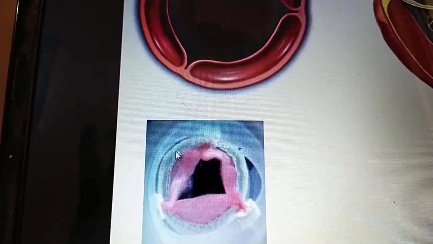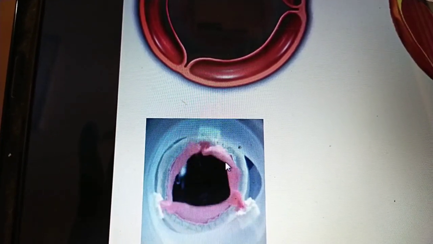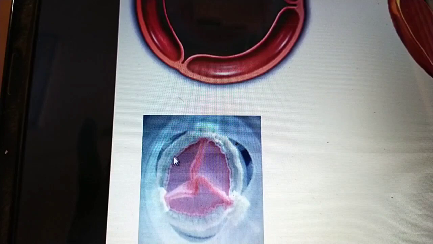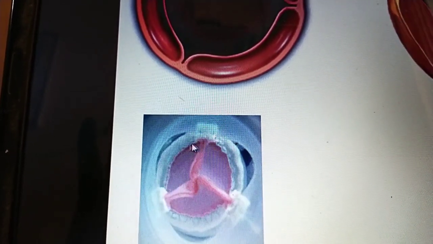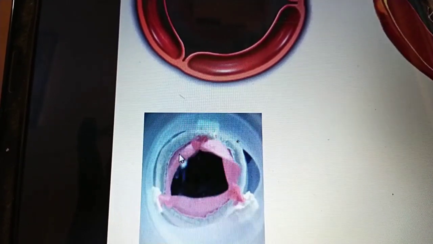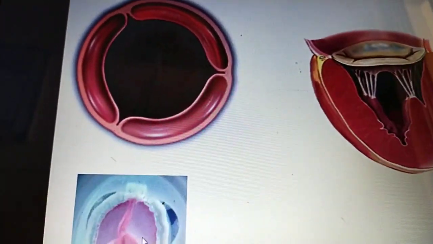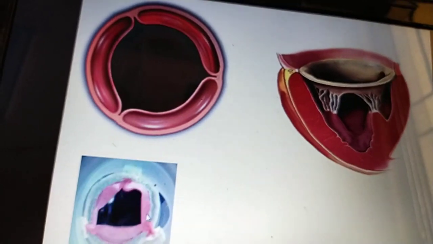These cusps or leaflets have a base held by a fibrous ring, and that ring is called the annular ring of the heart. Now we can go to the next slide.